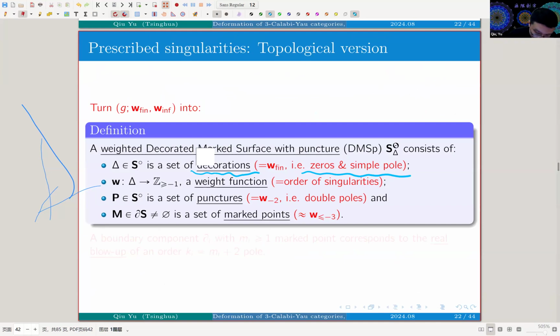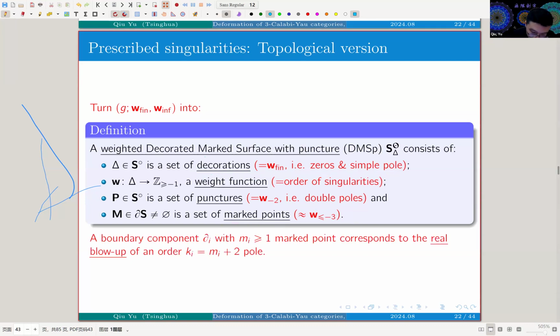The second one is the puncture, which corresponds to a double pole, because it behaves very differently from everything else. And the third one is the high order poles, which after the real blow up become boundary components with marked points, as we just showed. Originally, for a moduli space of quadratic differentials, you tell me a genus and many integer numbers.